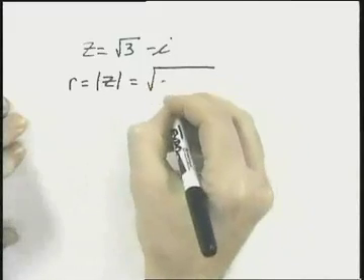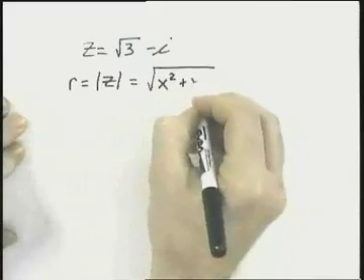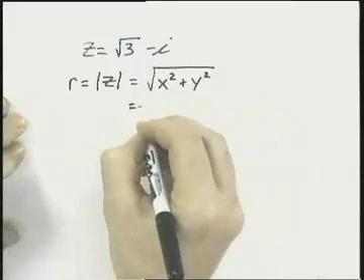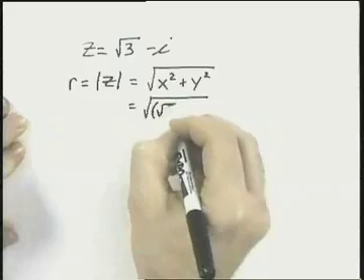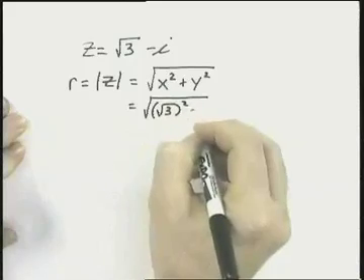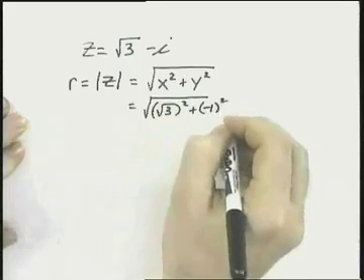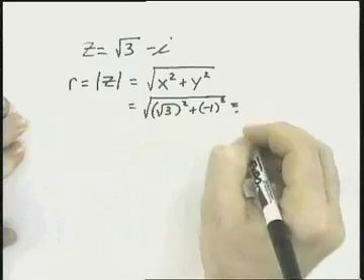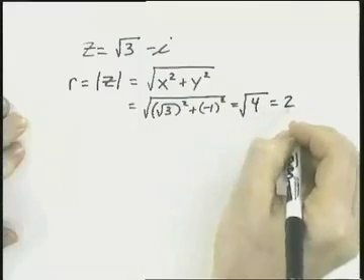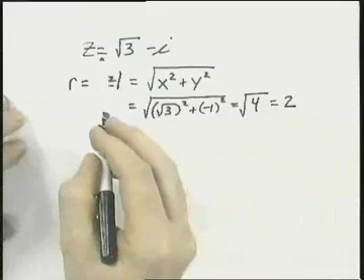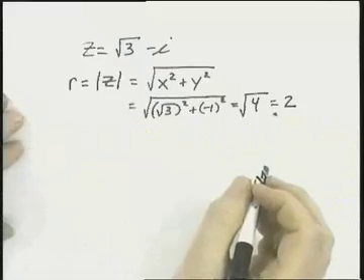Remember, that's found by taking the square root of x squared plus y squared. Well, that's going to be the square root of the square root of 3 squared plus negative 1 squared. I get the square root of 3 plus 1, which is the square root of 4, gives me 2. So the magnitude or modulus of z is 2.